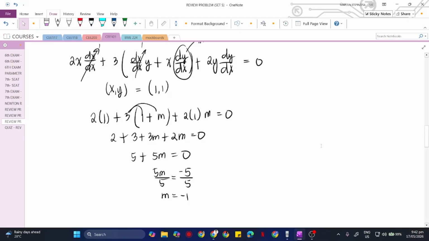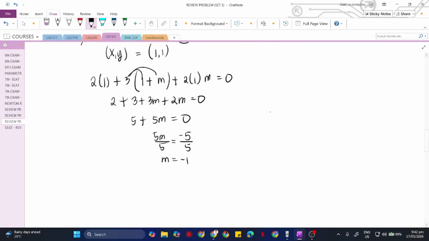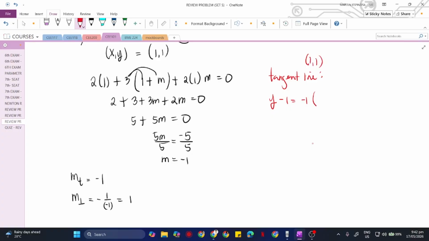So that is the same slope for the tangent line. Therefore the slope of the tangent line would be negative 1, and the slope of the normal line would be the negative reciprocal of this value, which is positive 1. And now we'll just be getting the tangent line. For the tangent line we have y minus 1, since our point is (1, 1), multiplied by negative 1 as the slope.